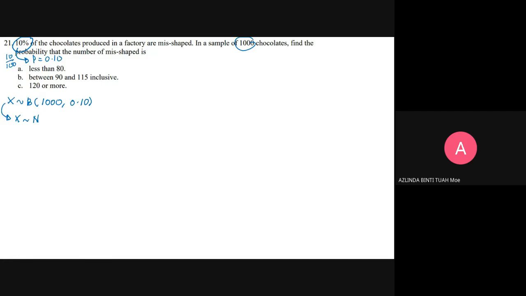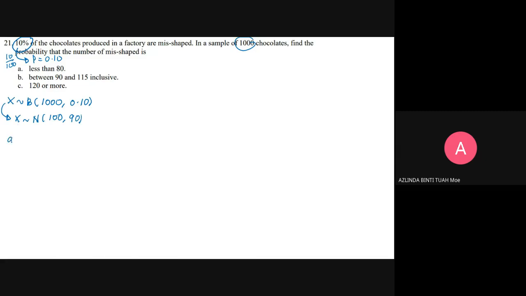Tell me the mean and variance for normal. The mean is 100. Variance is 90. 1000 times 0.1 times 0.9 is 90.